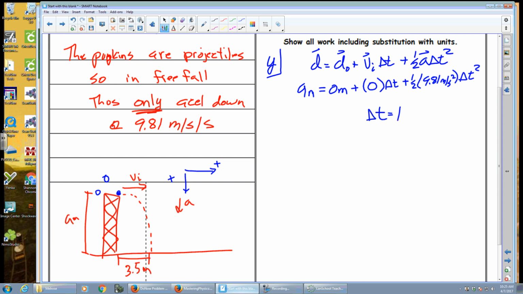So I get 1.35457 seconds. Seems about right. So now I'm going to switch to the x direction. Actually, I'm going to use my same equation.